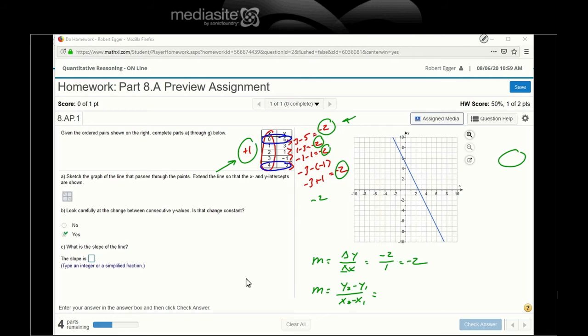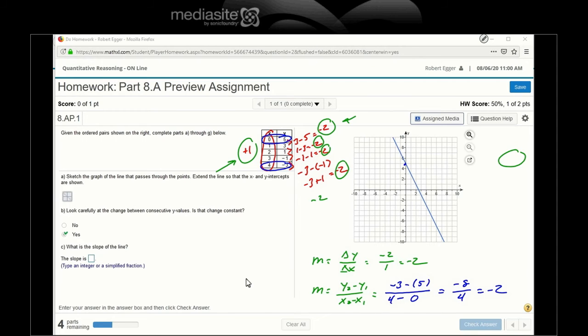So y2 is minus 3 and y1 is 5, and x2 is 4, x1 is 0. Minus 3 minus 5 over 4 minus 0, and again minus 2.